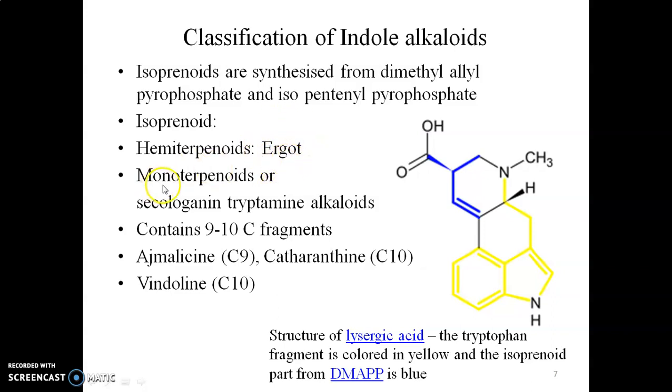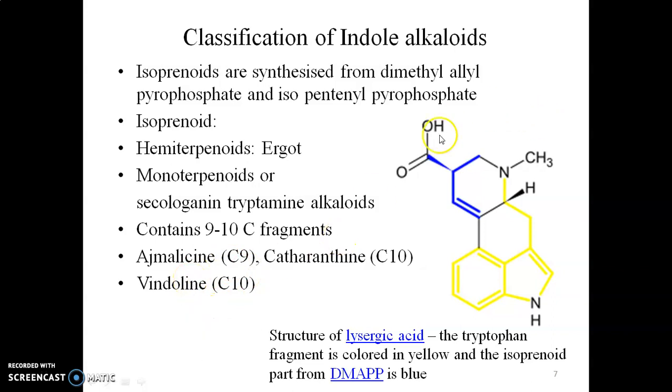Then you have monoterpenoids or secologanin-tryptamine alkaloids, and these contain 9 to 10 carbon fragments. For example, ajmalicine, this has C9, that is carbon 9 fragments. Then catharanthine, it has C10 fragments. Vindoline, it has C10 fragments.